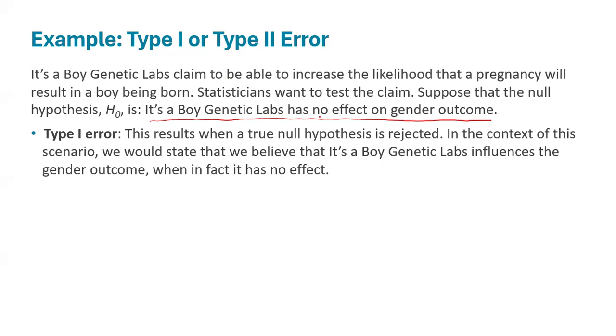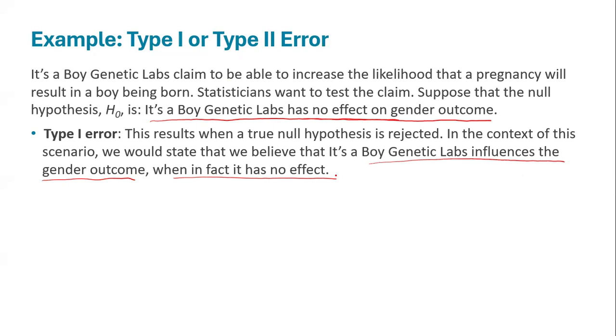Okay, so the null hypothesis means there's no effect. If it's true, that means the genetic lab has no effect. But when we reject it, we believe that they influence the gender outcome. So the boy genetic lab influences the gender outcome. Reject the null, however the null is true.